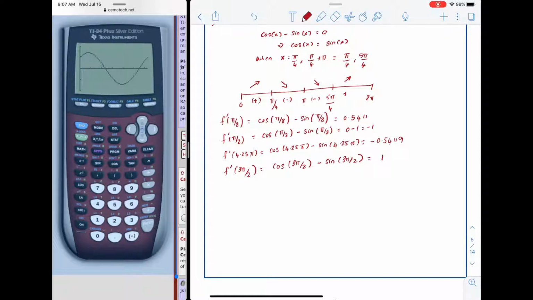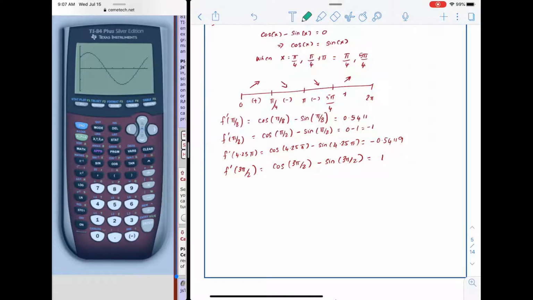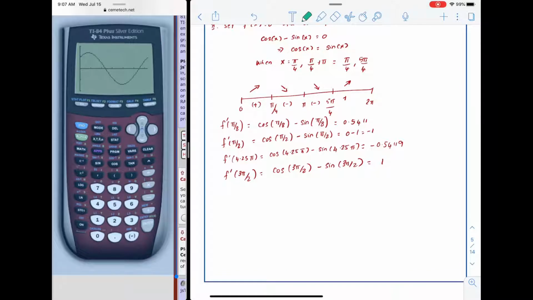the maximum happens at pi over 4. So I could draw this with a dotted line to sort of show you. So there's the maximum, and it decreases, gets to the minimum there, and it increases, and it ends up at 2 pi.